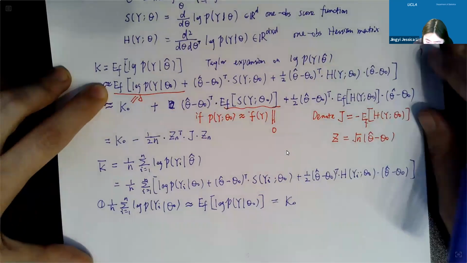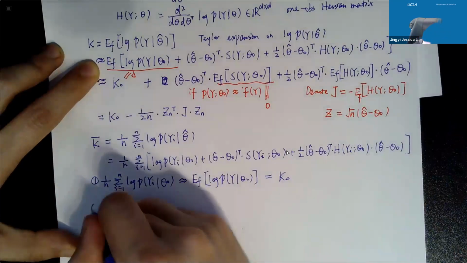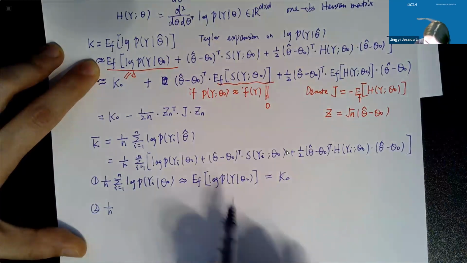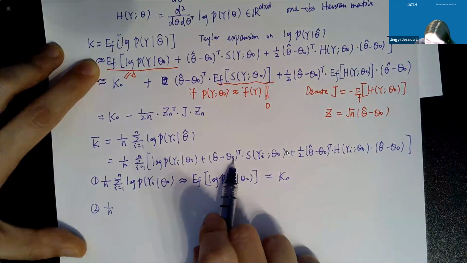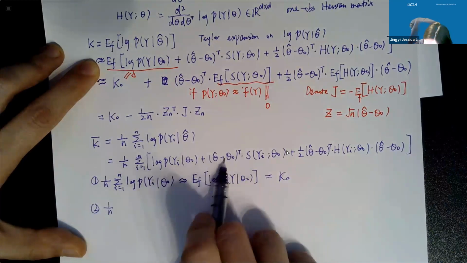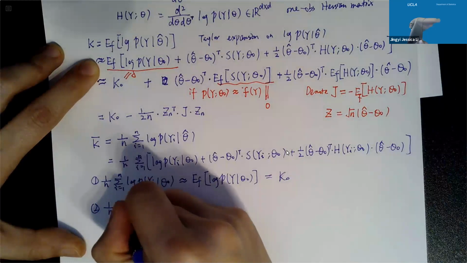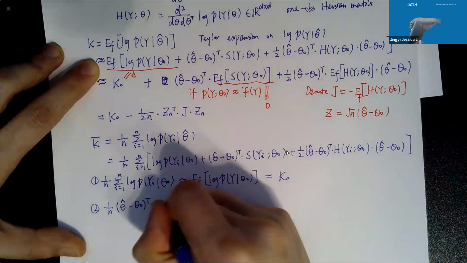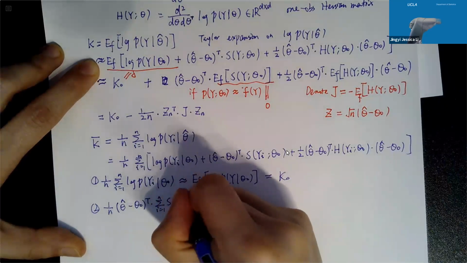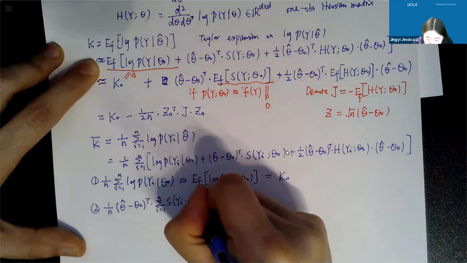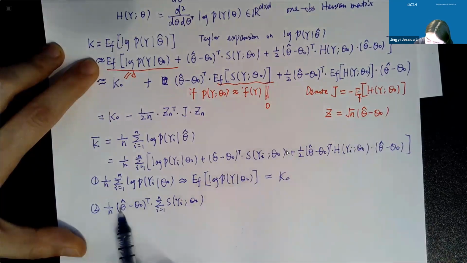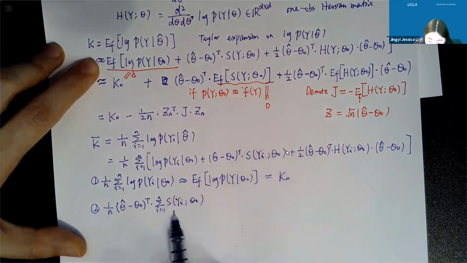Now the second term. The second term is 1 over n, and theta hat minus theta 0 can get out of the summation because it doesn't involve i. So it's theta hat minus theta 0 transpose times the summation of s(y_i, theta 0). For this term, we can rewrite it using our notation Z to replace the first term, and also the score function.